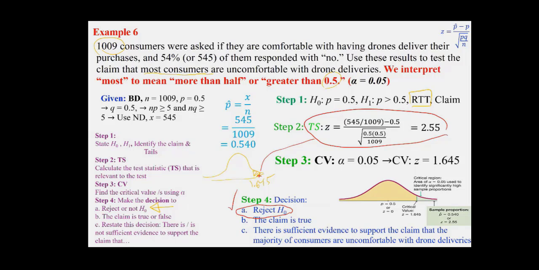The claim is true because it's sitting not next to H0, rather H1. And therefore, there is sufficient evidence to support the claim that the majority of consumers are uncomfortable with drone deliveries. The writing comes from here. You just write it the way it is. And the way you write it is, there is sufficient evidence to support the claim, or there is not sufficient evidence to support the claim, and then you write from here.